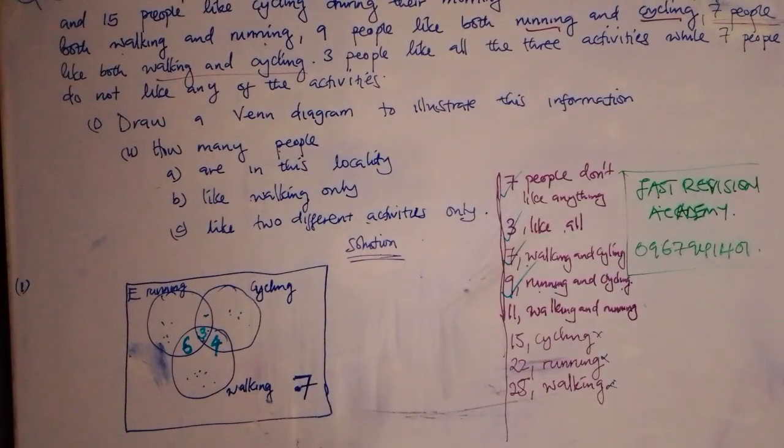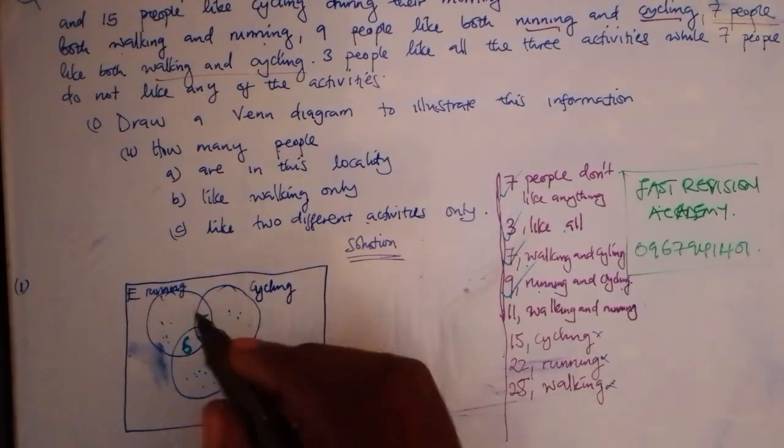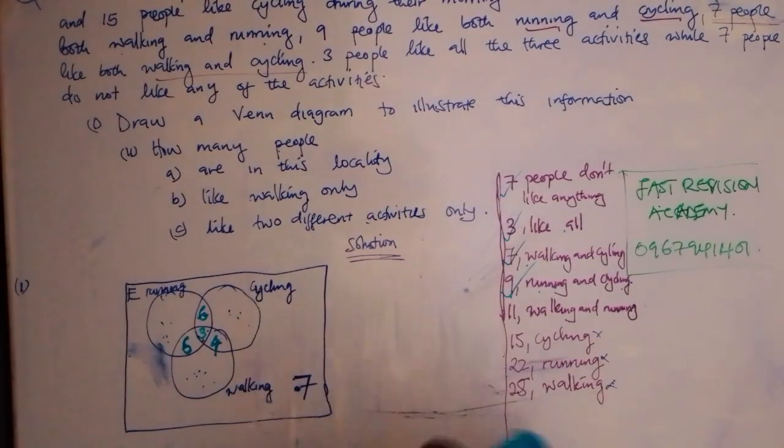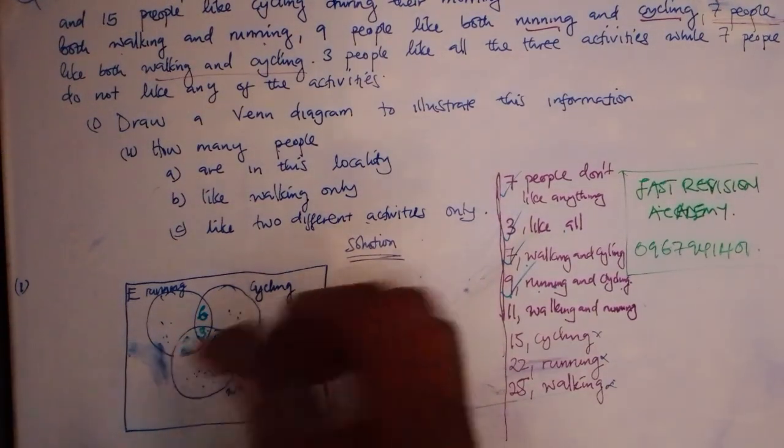So next we are going to 11. So 11, they liked what? Walking and running. Also this for cycling and running is this part. Then the next part is the one we're supposed to put here.